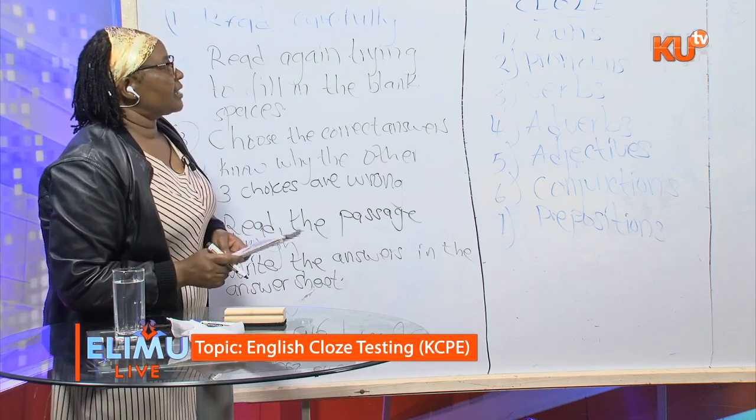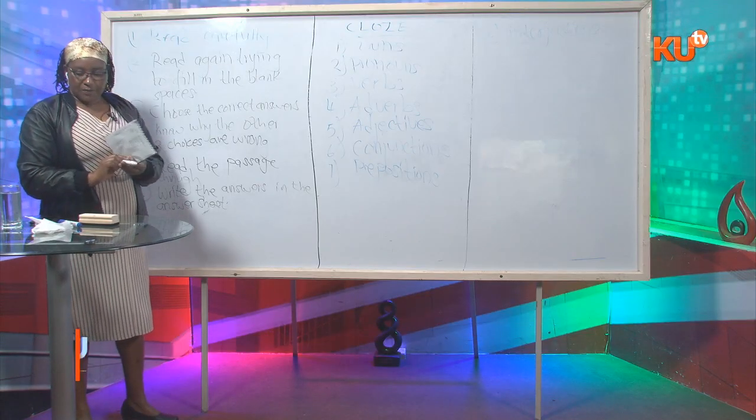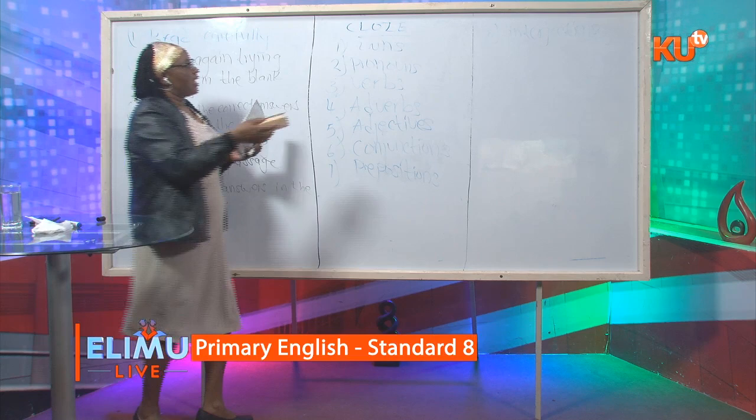Now, I have an example of a broken passage, just a few blank spaces which I'm going to write on the board.